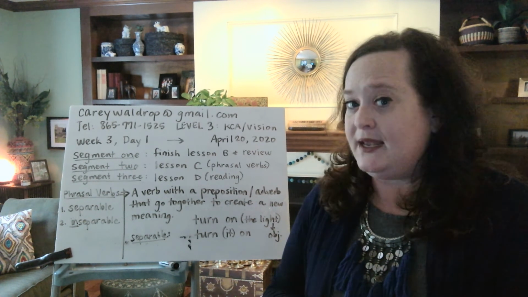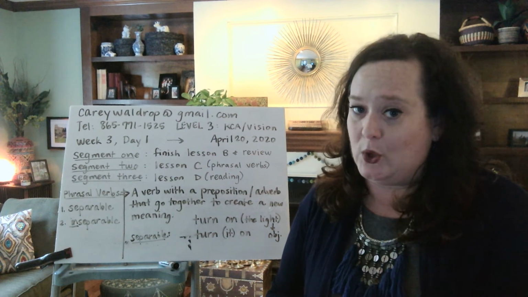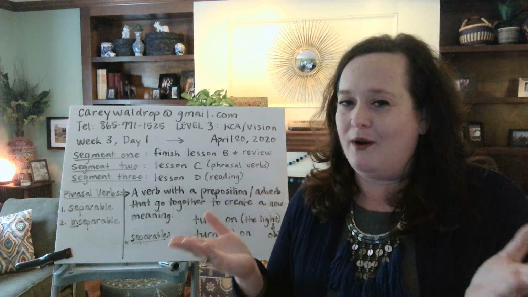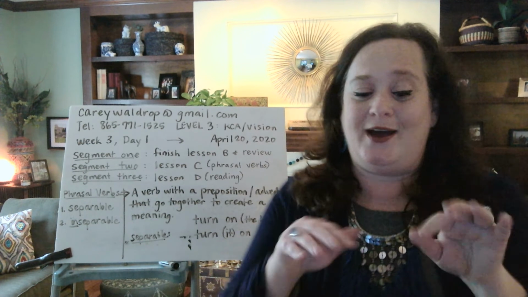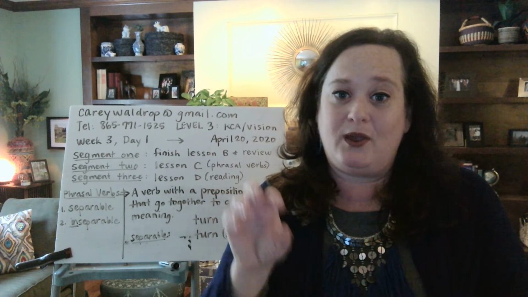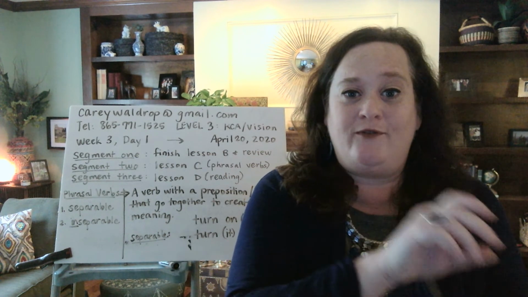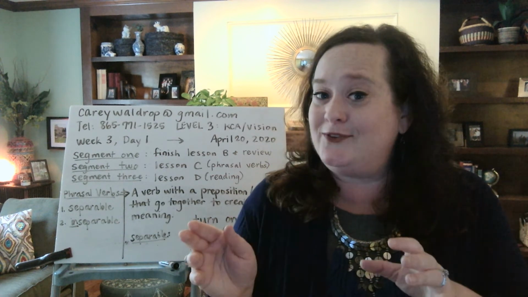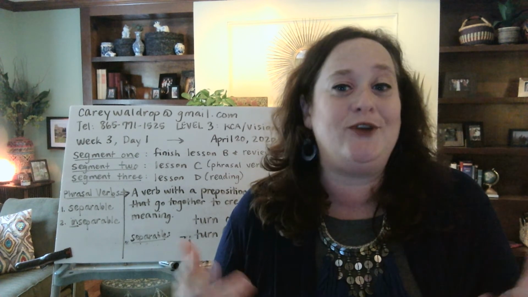All right, now the other option is inseparable, meaning I cannot put the object in the middle. How do we distinguish? How do we know? First of all, let me give you a challenge to do a Google search. You can look up common separable phrasal verbs or common inseparable phrasal verbs and see what you find.